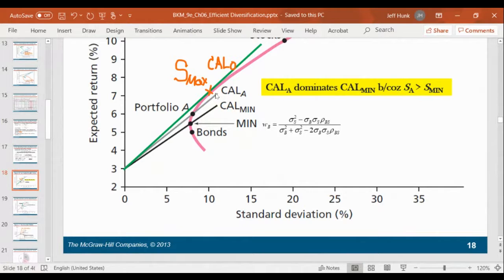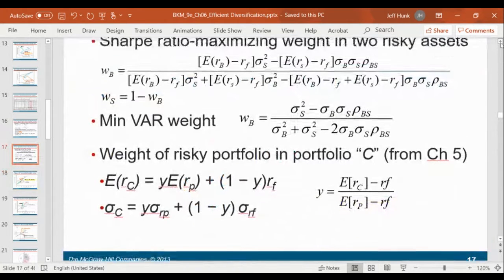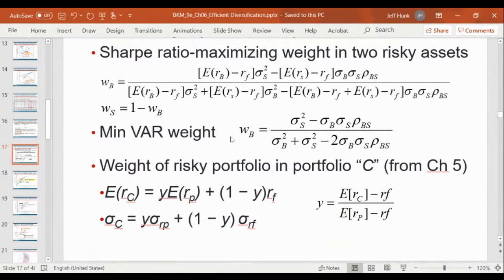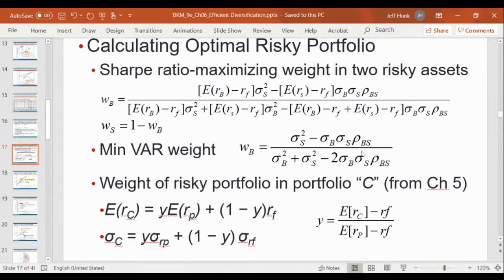So then our question is, how do we find the weight for that maximum Sharpe ratio, the weight for that optimal capital allocation line? We know the formula for the minimum variance weight, and the formula for the Sharpe ratio maximizing weight is like this.